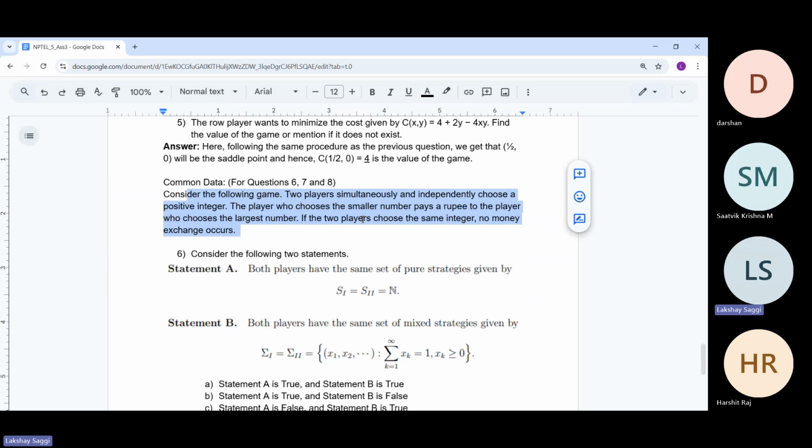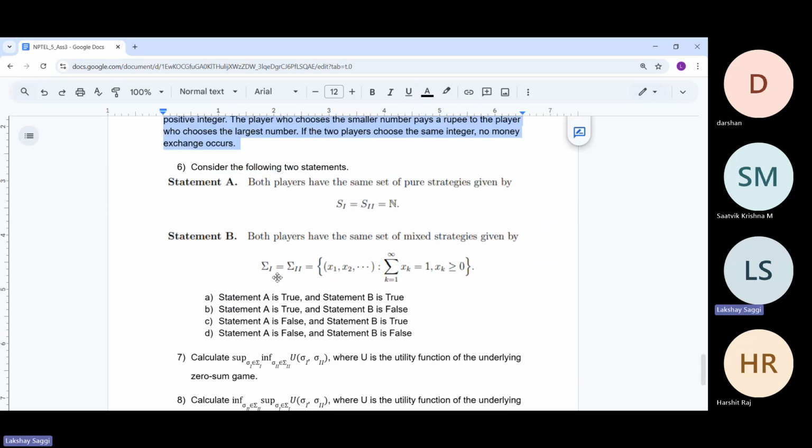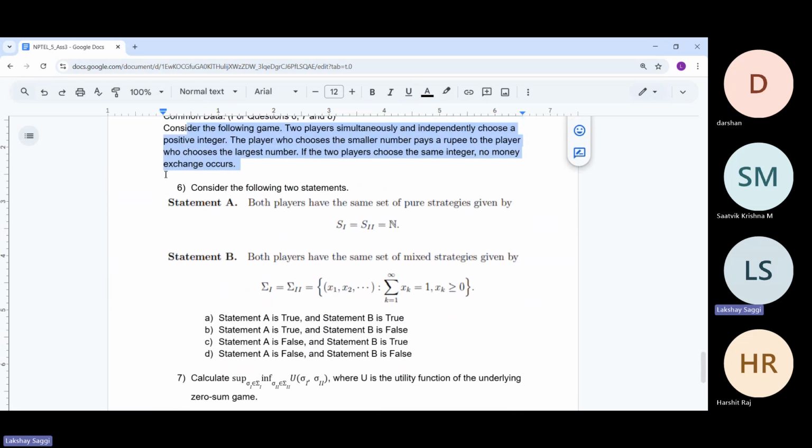Pretty simple game, right? And the loser will have to pay 1 rupee to the winner. So the sixth question says to consider the following two statements. Statement A says that both players have the same set of pure strategies.